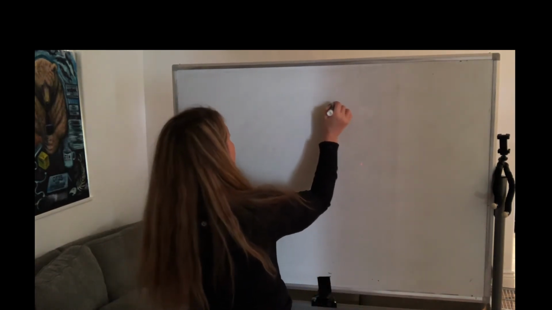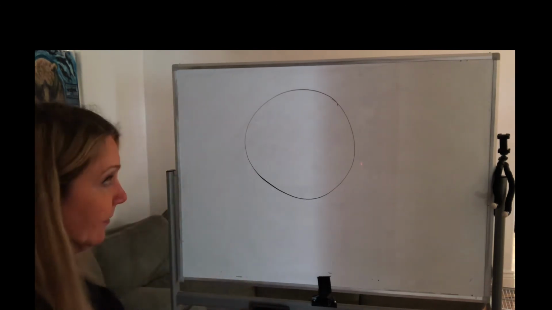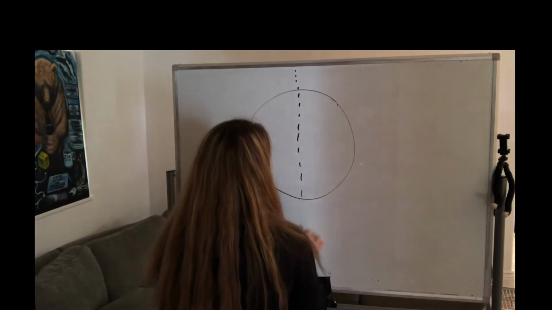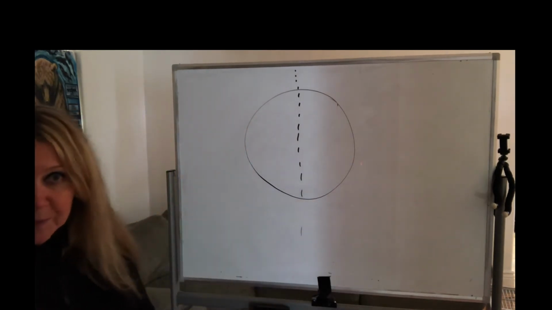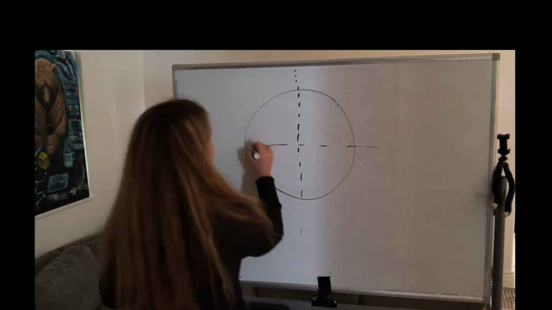So here we have the Earth. If the axis were perfectly straight, then it would be 90 degrees with the equator. So here we have the equator.